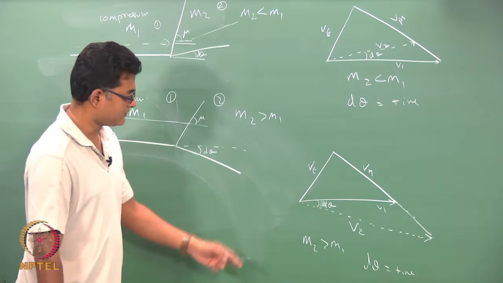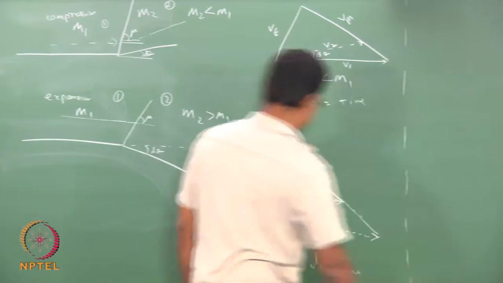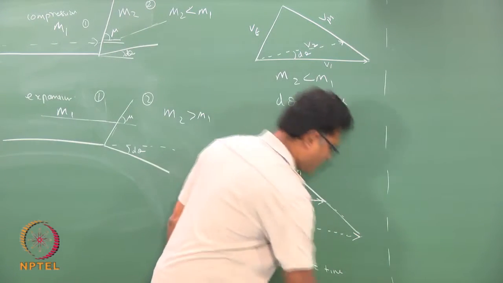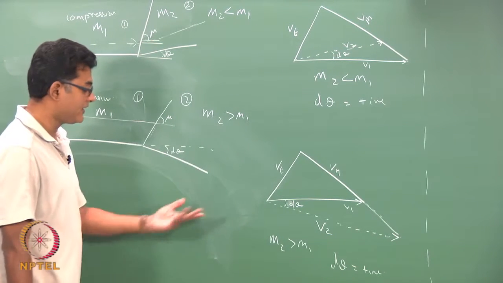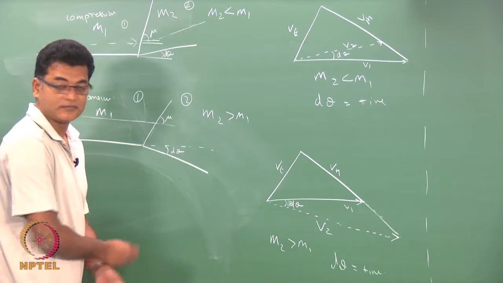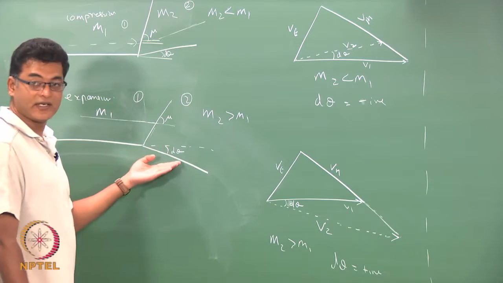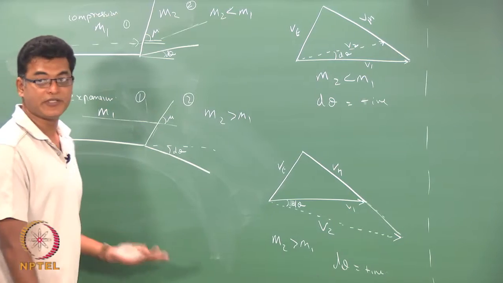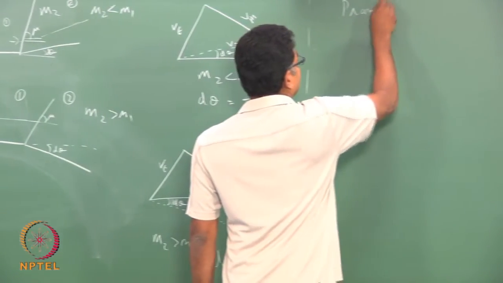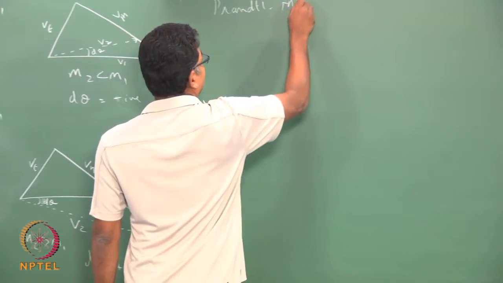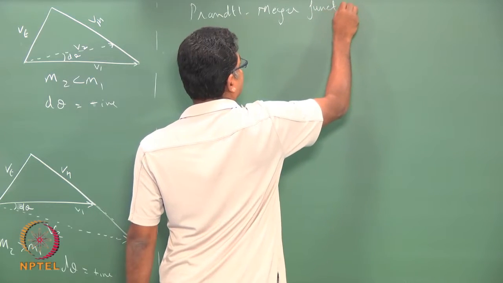Now, we look at this particular triangle and try to see what we can get, how can we get this turn angle. If I know the Mach numbers before and after the wave, can I get a turn angle, is what we are going to derive, which is what we call the Prandtl-Meyer function, okay.